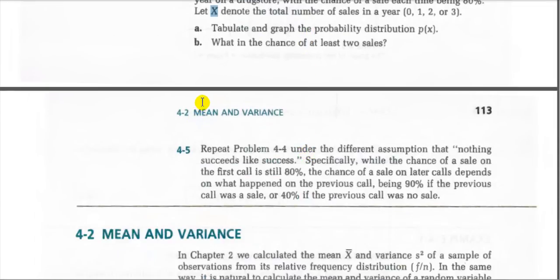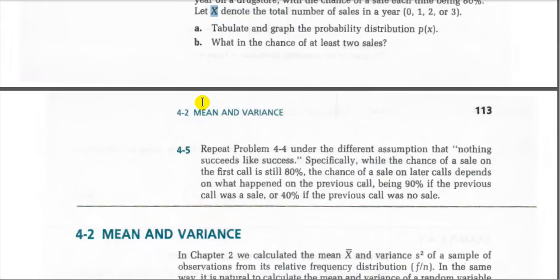Okay, repeat problem 4.4 under the different assumption that nothing succeeds like success. Specifically, while the chance of a sale on the first call is still 80%, the chance of a sale on later calls depends on what happened on the previous call, being 90% if the previous call was a sale and 40% if the previous call was no sale.